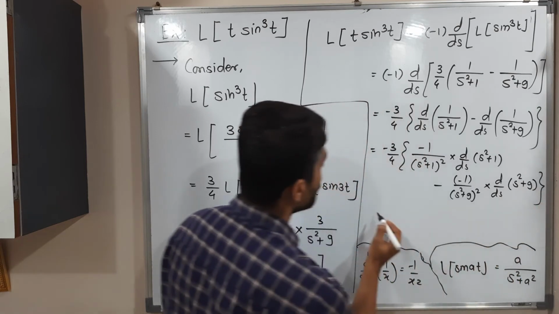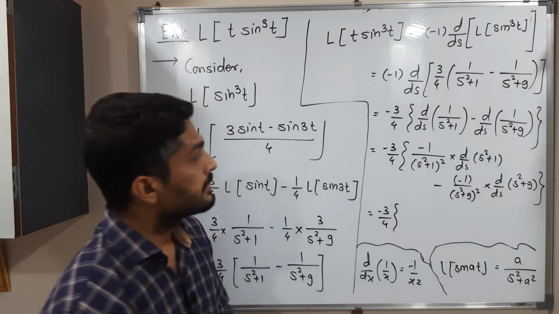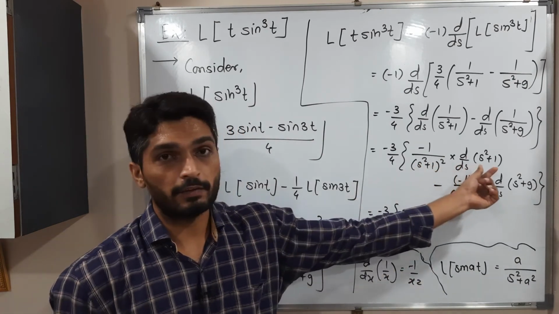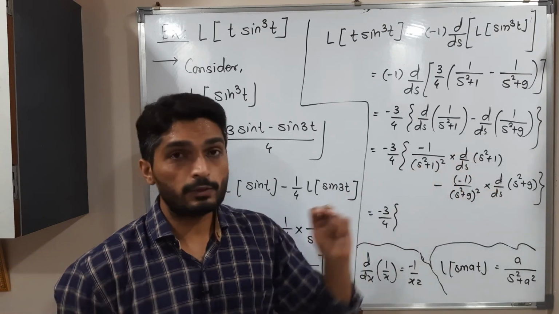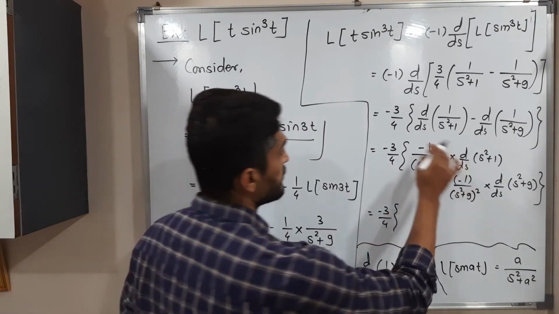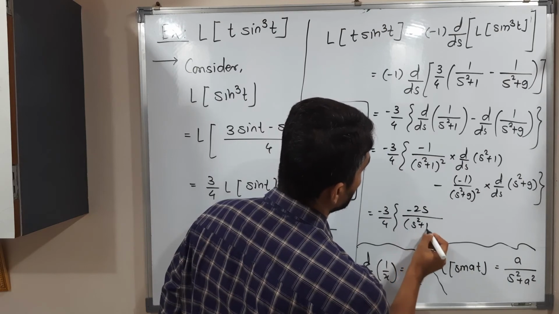Okay, so this is equal to, let us finish it, minus 3 by 4. See, this term will be as it is, so simply we have to find its derivative. Will you tell me what is derivative of s square plus 1? Derivative of s square is 2s, correct? Derivative of 1 is 0 since it is constant. So 2s into minus 1, you will have minus 2s upon (s square plus 1) bracket square.